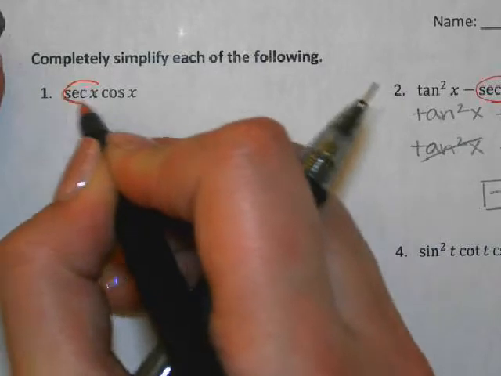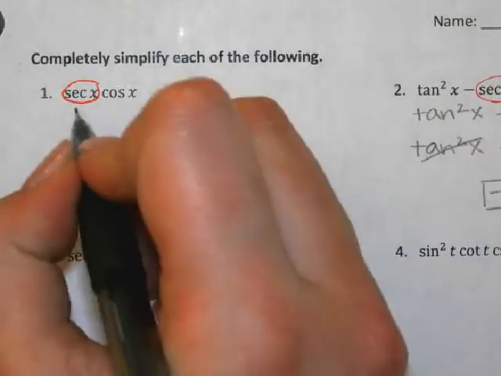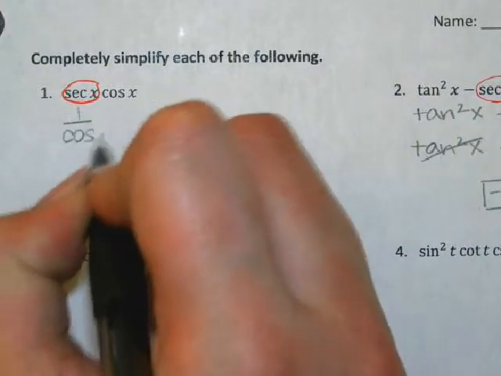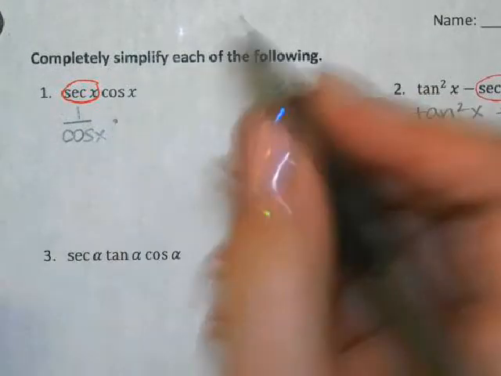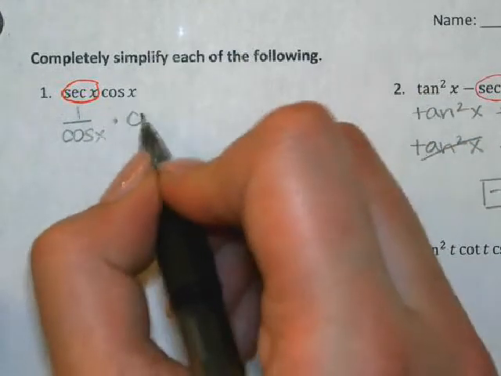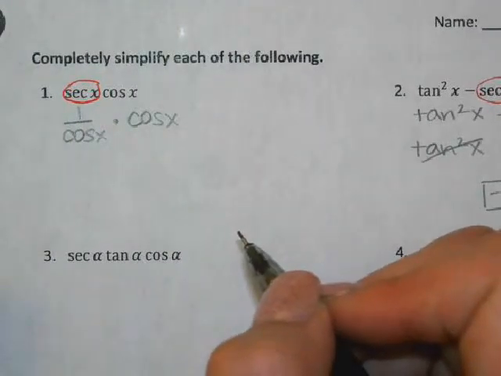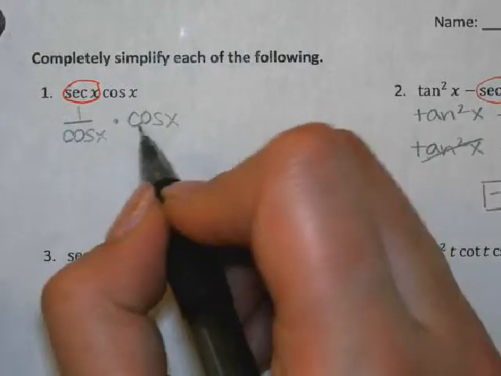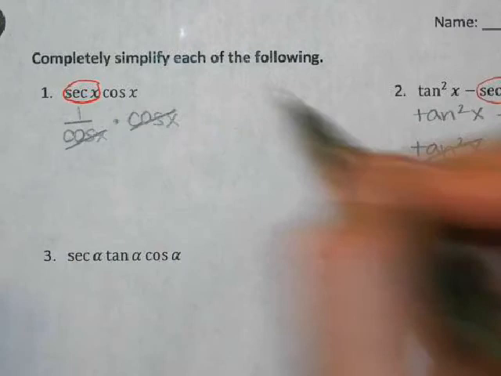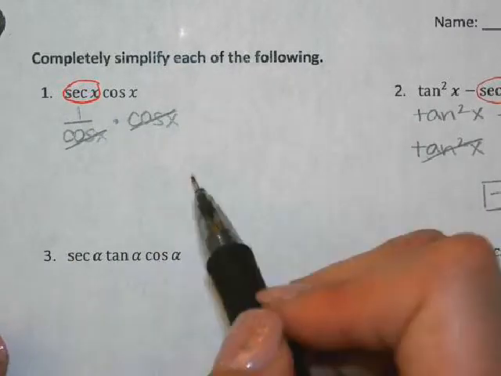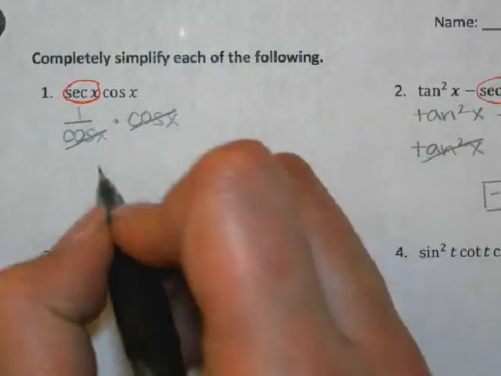So this right here, I'm going to replace with 1 over cos. So I just did a substitution. So I have 1 over cos times cos. And then what happens when we use our math after that? They cancel out. If you multiply by cos and divide by cos, that gives you 1. And so what's your final answer? 1.